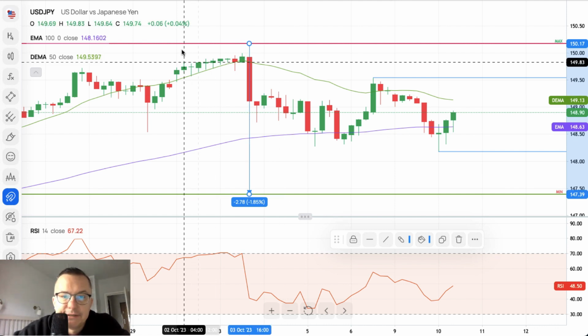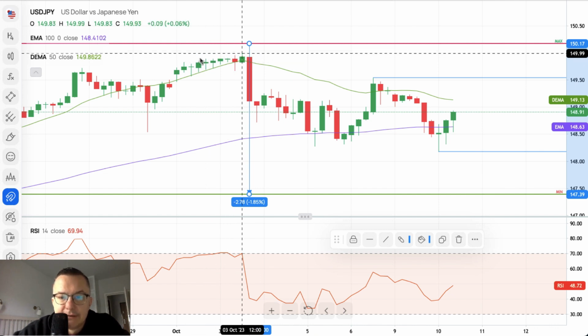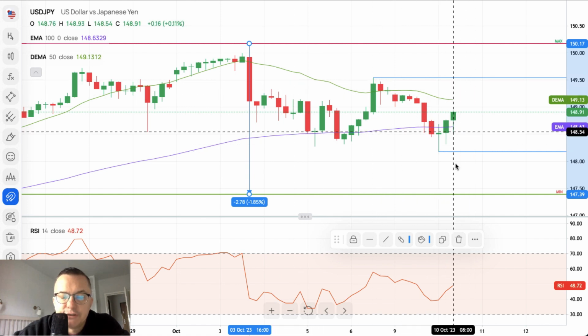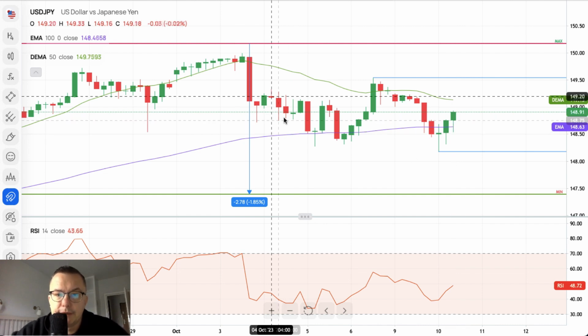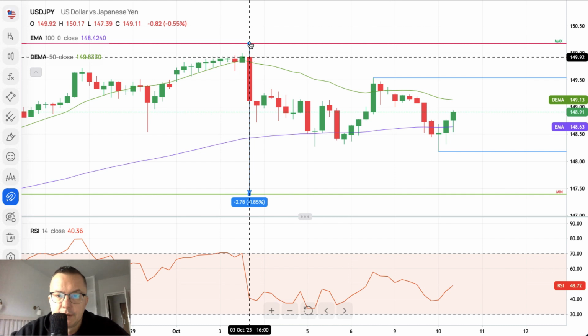Nevertheless, please notice that this US dollar to Japanese yen market has been moving up for quite some time now, and the uptrend is still intact. This price action here is just some sort of pullback or maybe correction during the uptrend. So nothing wrong is going on yet in the US dollar to Japanese yen trend, but please be careful and remain very focused when you look at this market, because of this very interesting candle here.